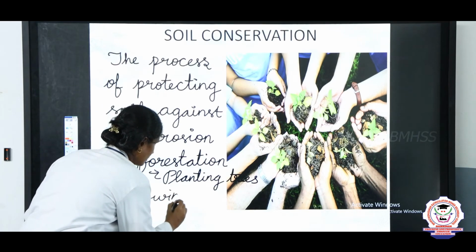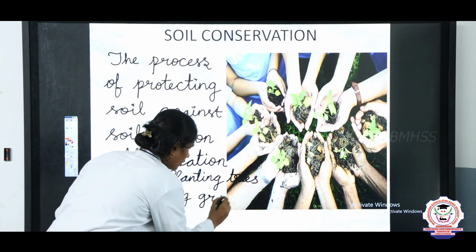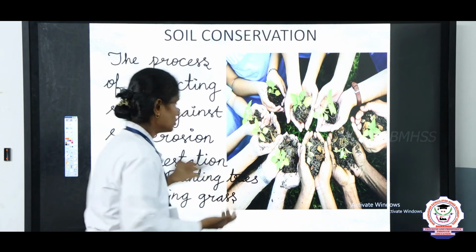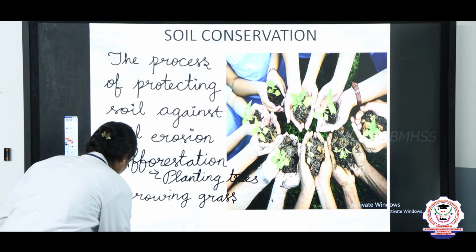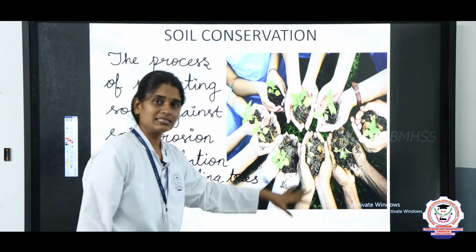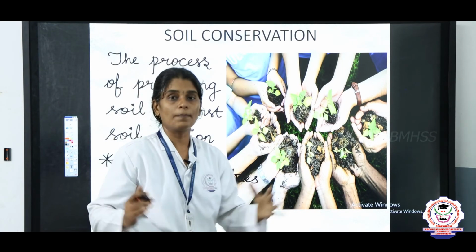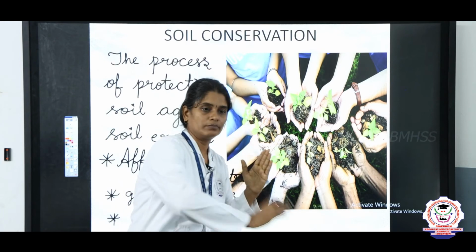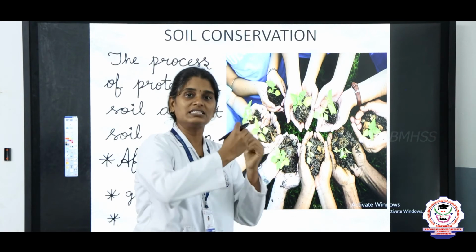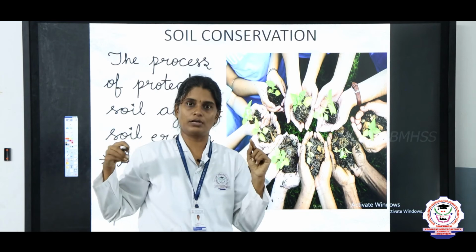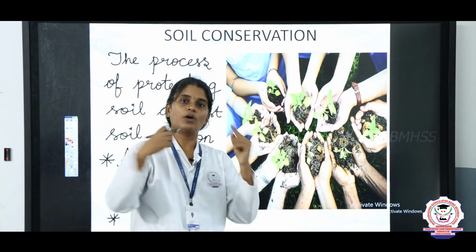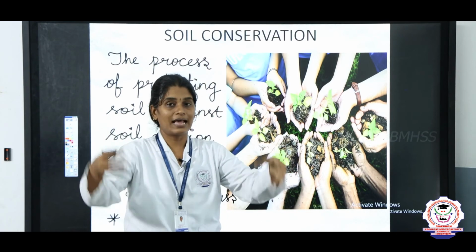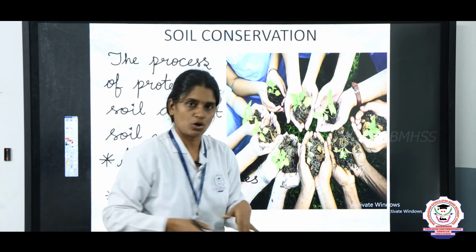Farmers can grow grass or fodder. Fodder means food for the cattle. They can also prevent soil erosion from strong winds by planting more trees in the border of the fields, around the fields. Once they plant more trees or more grass, they can prevent the soil erosion.